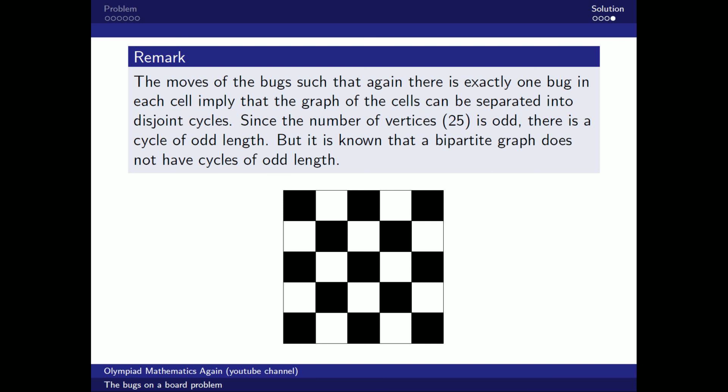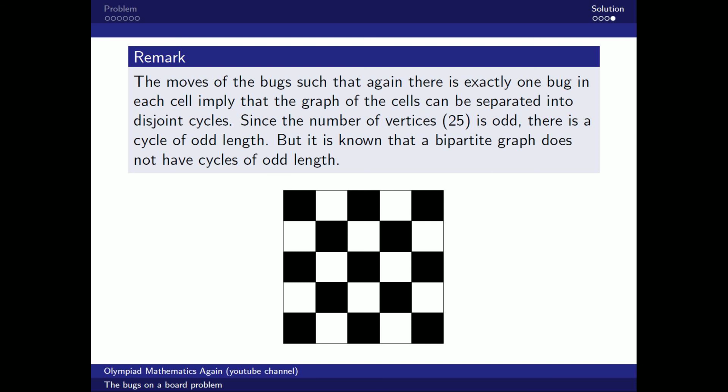Okay, but it is a well-known fact in graph theory that a bipartite graph does not have cycles of odd length. And this graph is bipartite precisely because of the coloring that we considered. A graph is called bipartite if it can be colored in two colors such that adjacent vertices have different colors.